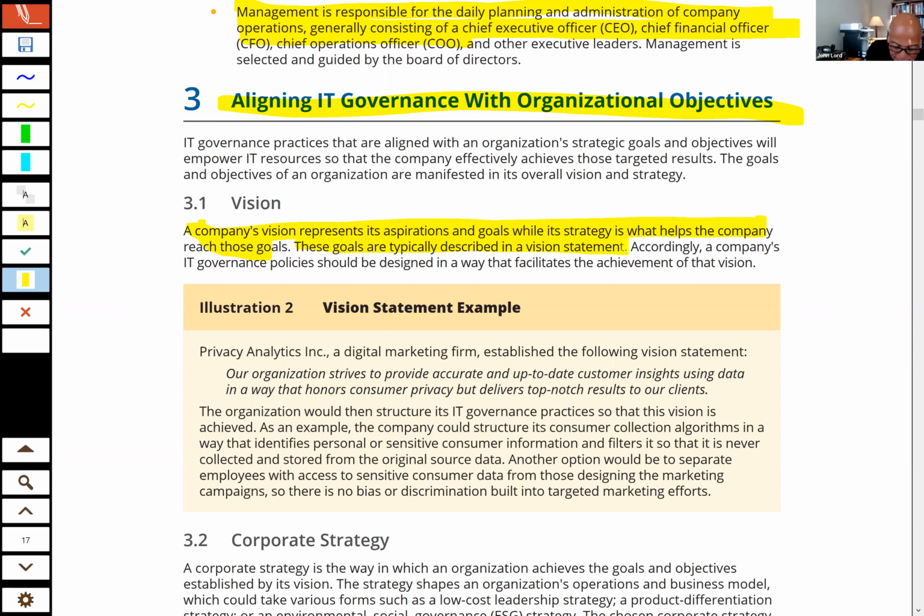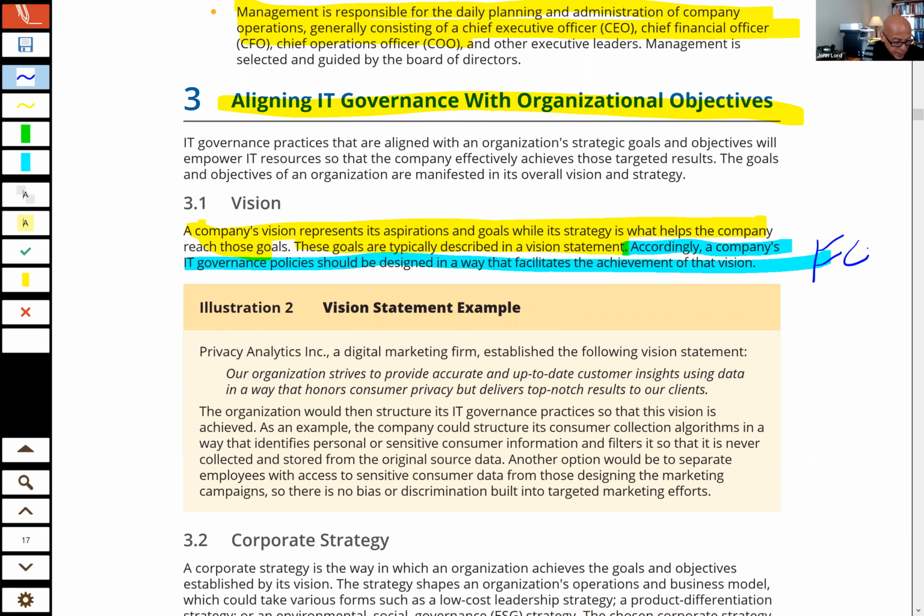Accordingly, a company's IT governance policies should be designed in a way that facilitates the achievement of that objective. Okay, that's really what we're talking about when we talk about IT governance, linking our IT with our strategy. And I don't think the companies have any choice here. I mean, this isn't, hey, be a cool company and do this. This is, if you don't do this, you're not going to survive in today's business environment, right?